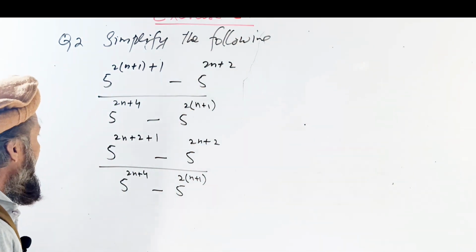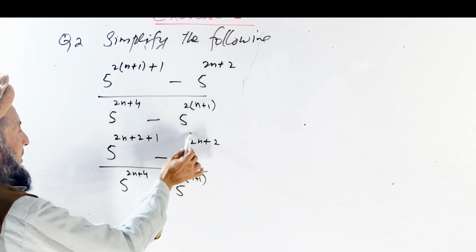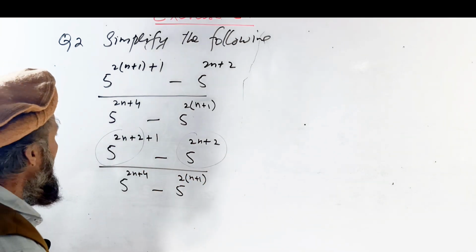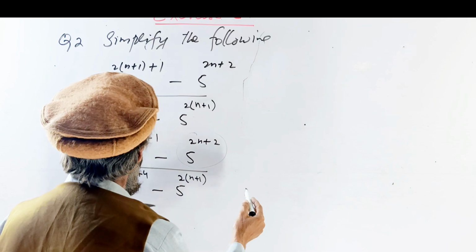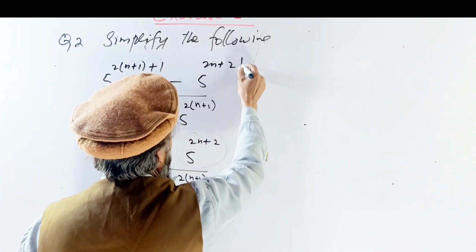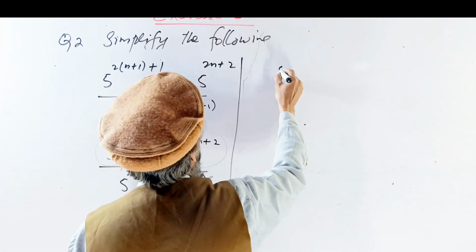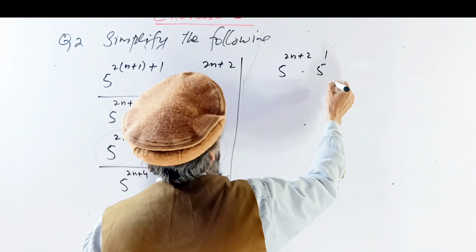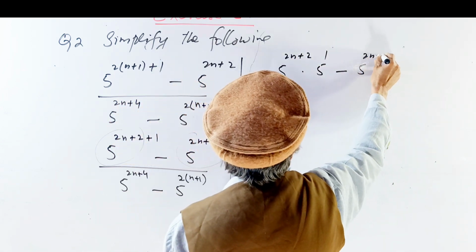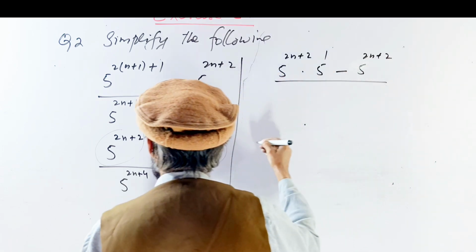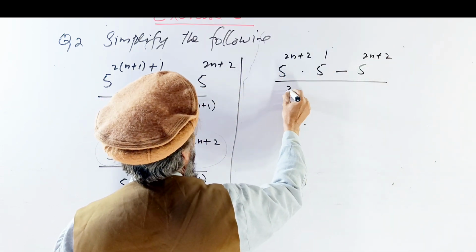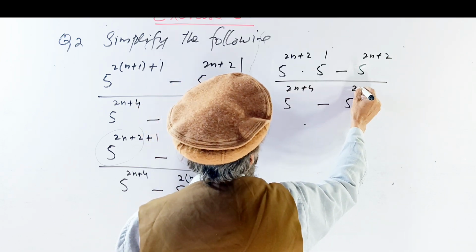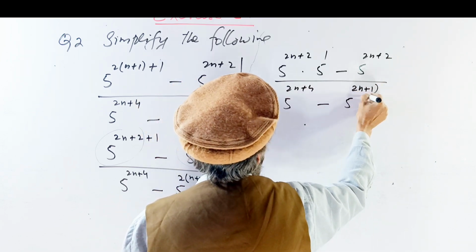Further look here, this term is common, so 5 power 1 is remaining. We try to take 5 common: 5^(2n+2) into 5^1 minus 5^(2n+2), divided by 5^(2n+4) minus 5^(2n+1).